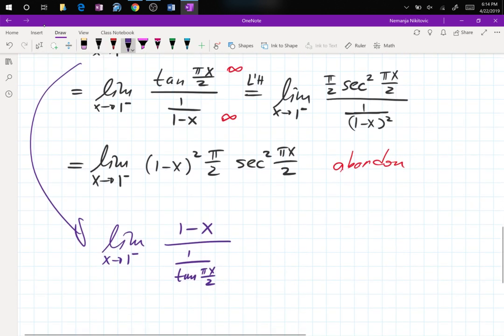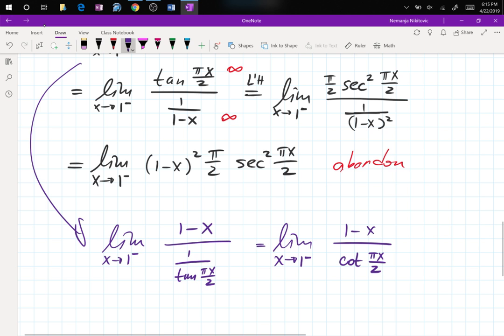Now I know that 1 over tangent is cotangent, so I have limit x goes to 1 minus of 1 minus x divided by the cotangent pi x over 2.